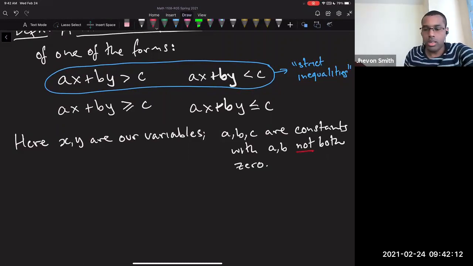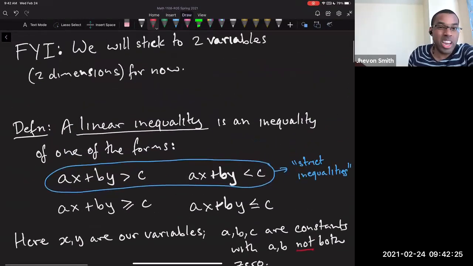Okay, that's it. So A, B, and C are numbers. Your x and y are the variables. You can't have both A and B being equal to 0. It's not considered a linear inequality. Okay, so that's what they are.